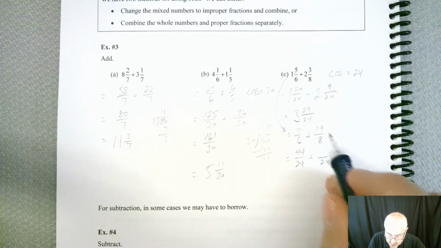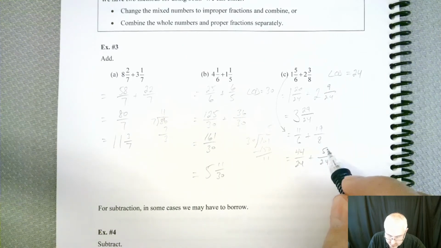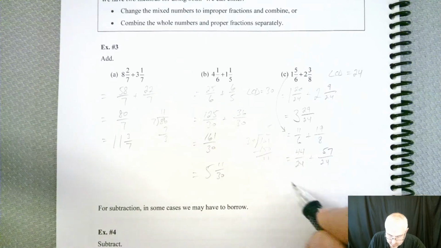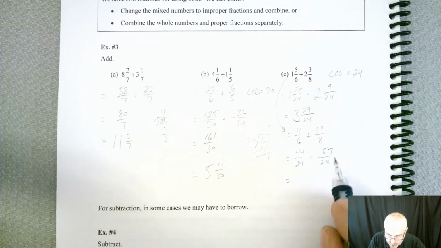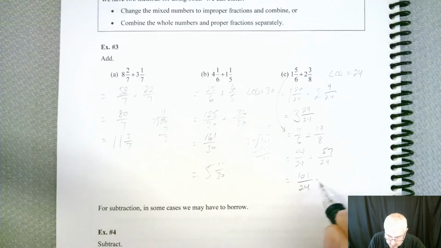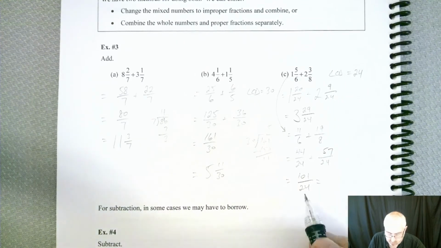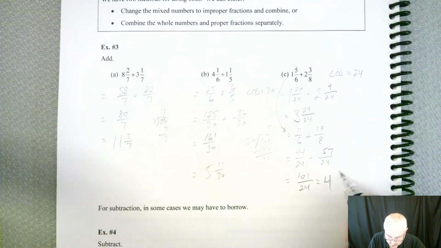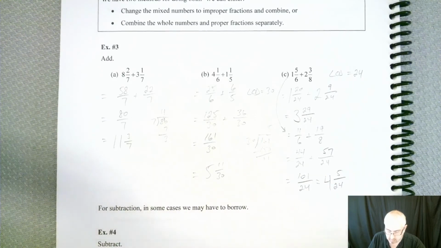And multiply this one by 3, which gets you to a 57. And so now, if we add that up, we get 101 over 24. And 24 goes into 101 4 times with 5 left over. So 4 and 5 24ths, we don't have to worry about messing with the answer.